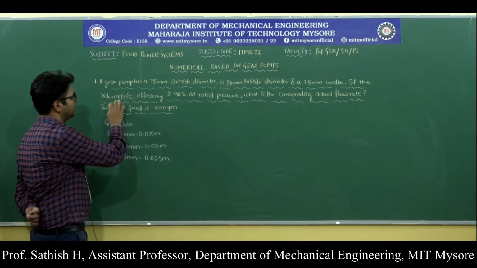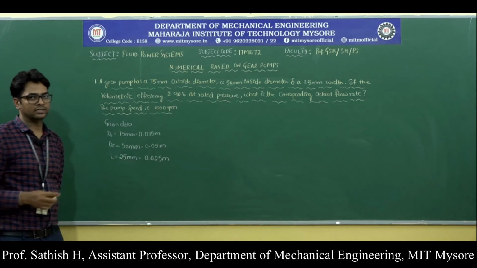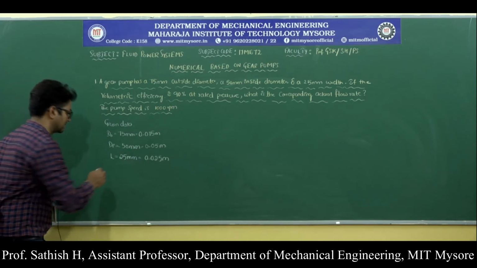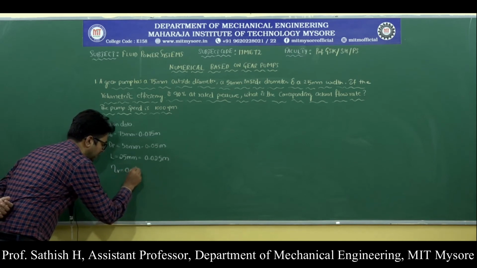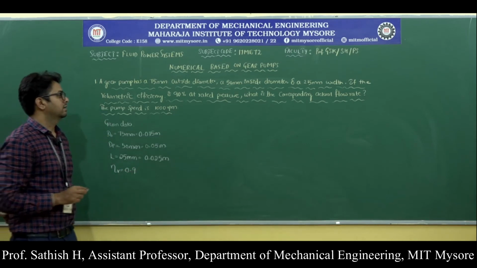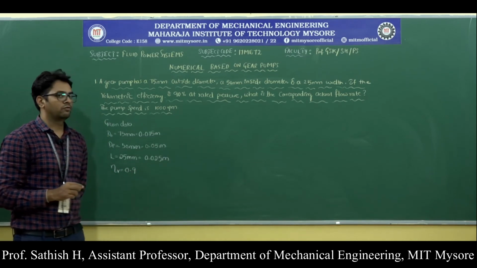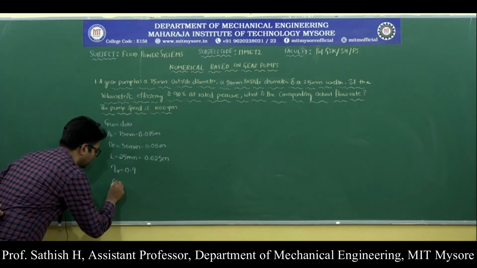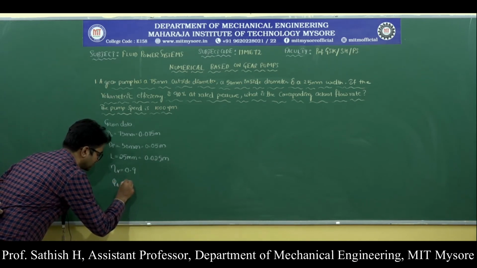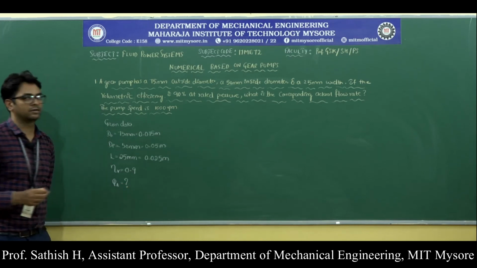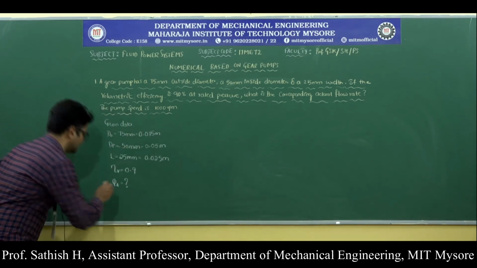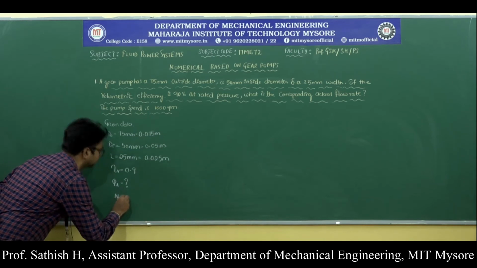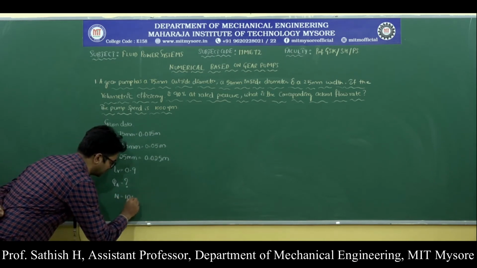The volumetric efficiency is given as 90%, represented by nu V is equal to 0.9. The corresponding actual flow rate, QA, is the question mark that we need to find out. And the pump speed, capital N, is 1000 RPM, which is given.